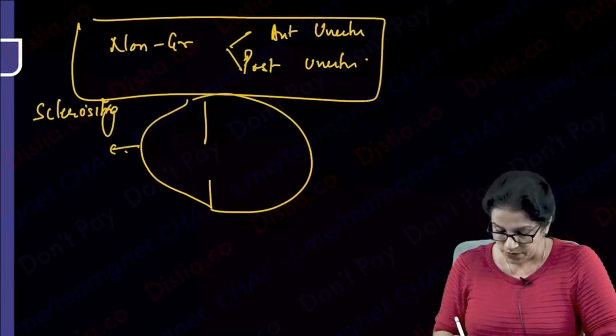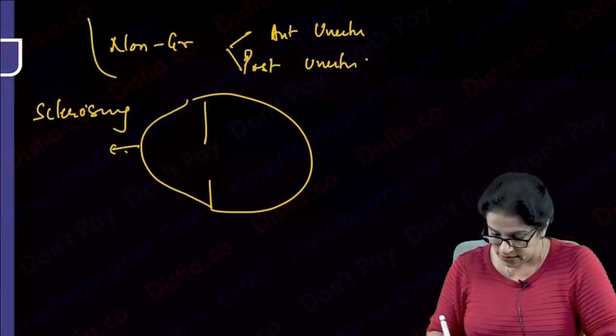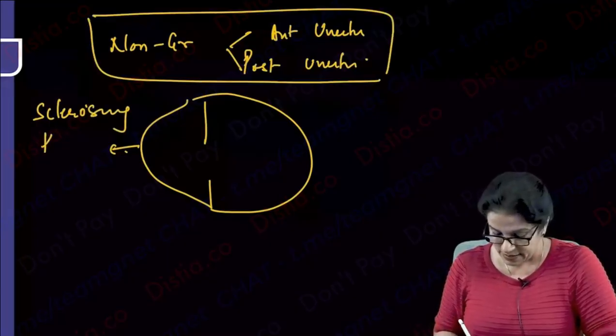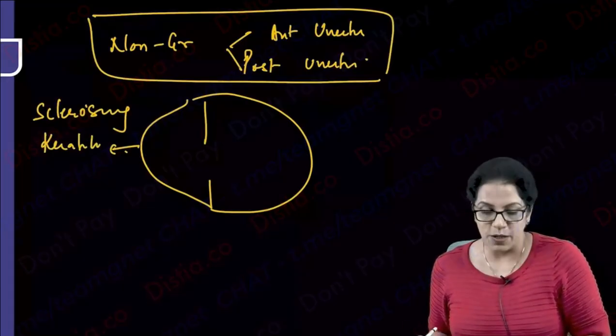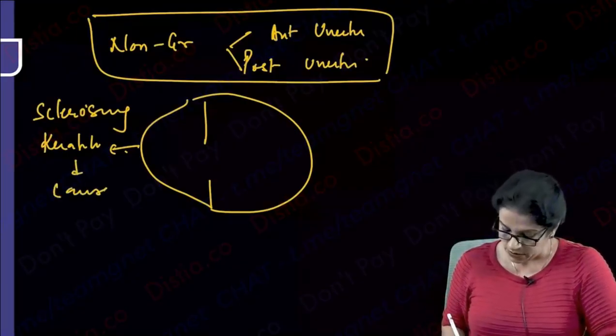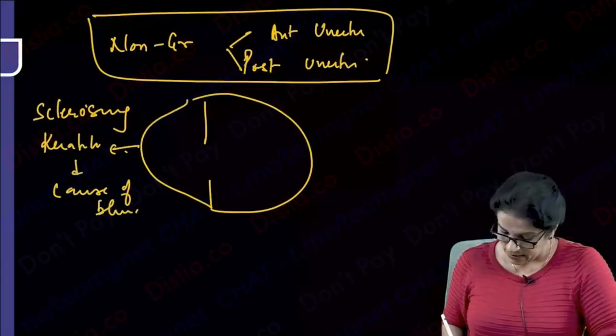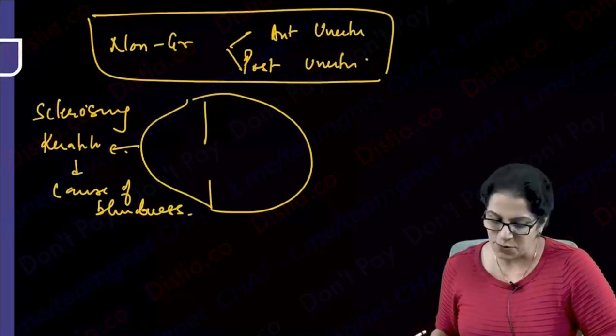When you say sclerosing keratitis, what does this mean? The cornea is becoming opaque like sclera. So that is what is called sclerosing keratitis. This is the main cause of blindness in onchocerciasis.